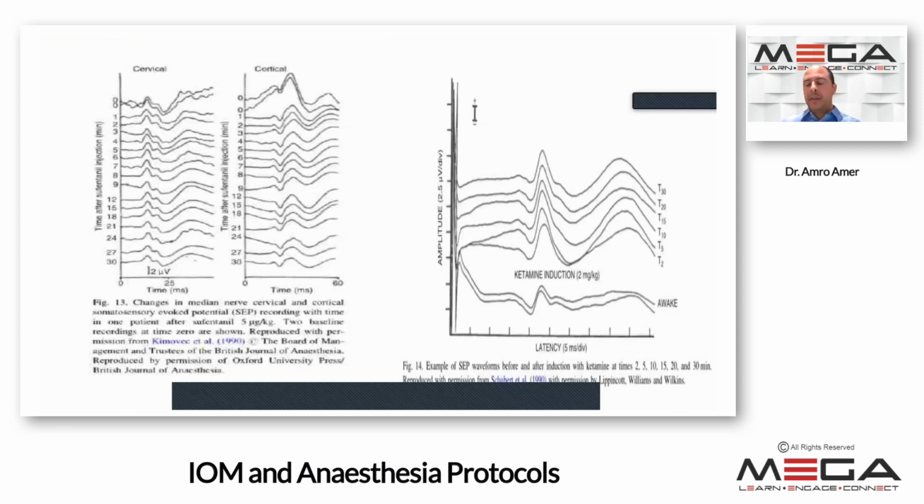There was a study done years ago showing that halogens work on the cortex, but also work on the anterior horn cell. So we actually record prior to that, at the spinal cord, before the signal goes to the anterior horn cell and on to the muscles. So the D wave is mostly not affected by halogens.